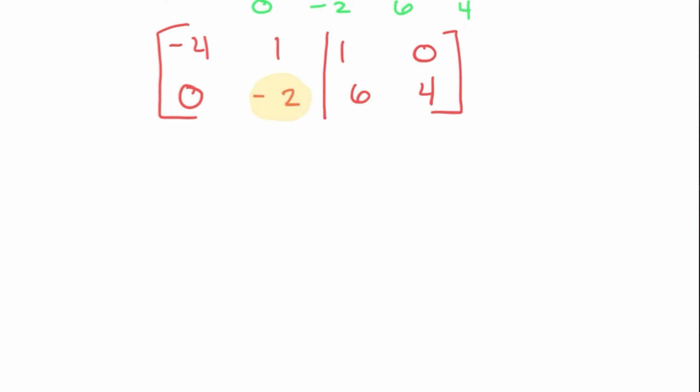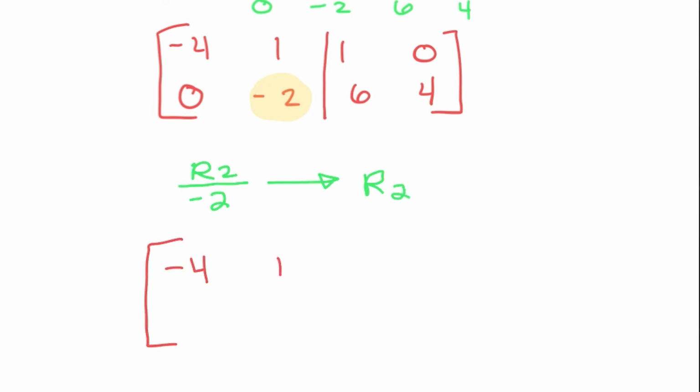What if I said I'm going to take row 2 and divide by -2, and that's going to become my new row 2. So what that means is that the first row is still going to stay the same. I'm not doing anything to change that, but everything on the second row will be divided by -2. So that's 0, 1, 6 divided by -2 is -3, 4 divided by -2 is -2.